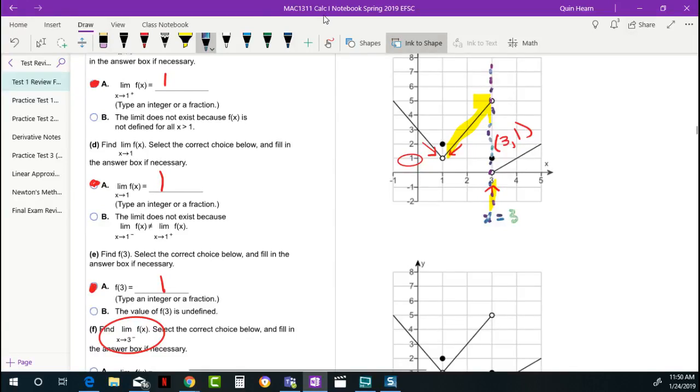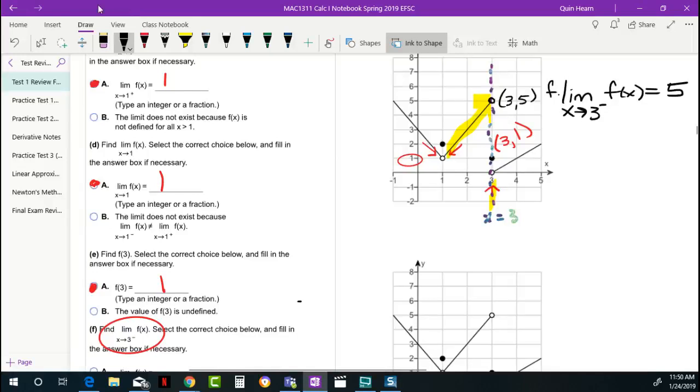So we're coming in towards that from the left. We're actually going to hit the point 3, 5. Well, we don't actually hit it. We come right up to it and stop because there's an open dot. But that means that the limit as x approaches 3 from the left of f of x is equal to that y value 5. So that's the answer to part F.